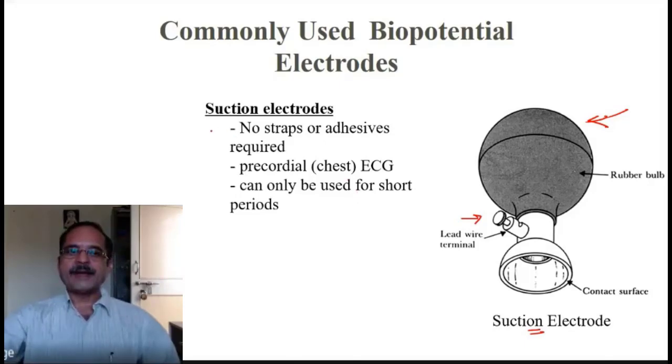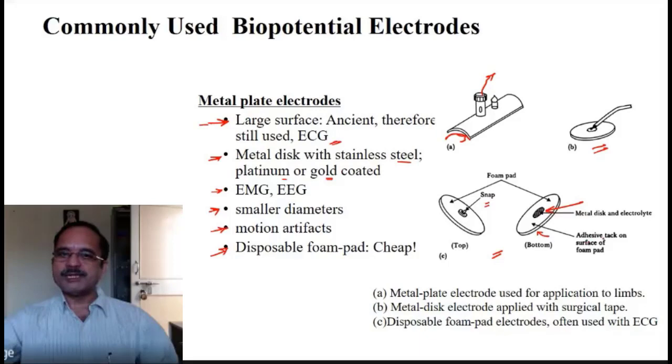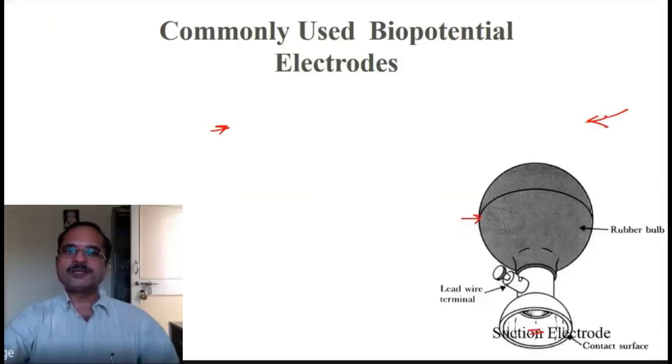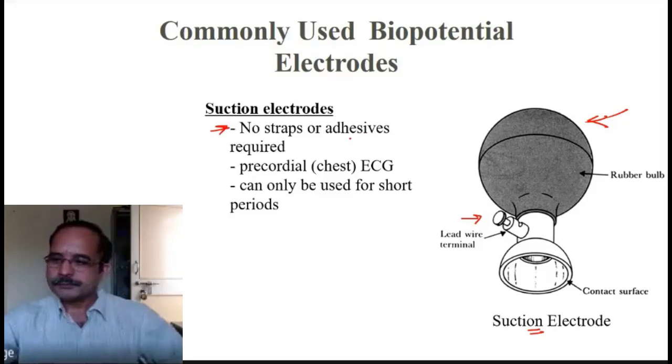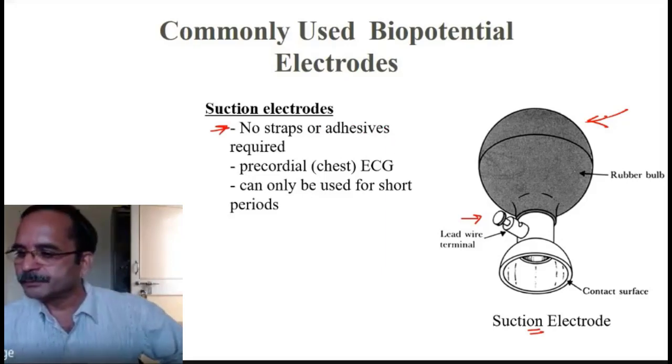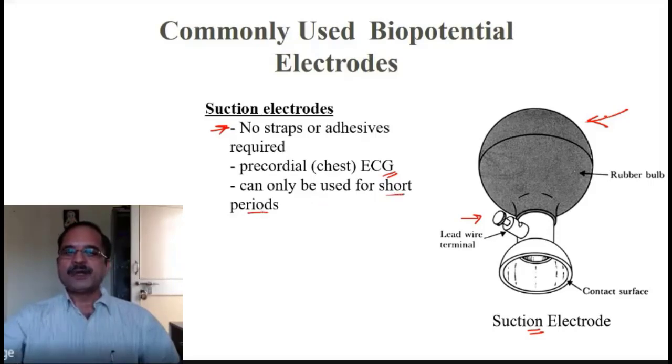There are no straps or adhesives. In the earlier types of electrodes, we have seen that adhesives are required to attach them to the skin. But in the case of suction electrodes, adhesives are not necessary, because it gets attached because of the vacuum. These are mostly used for measurement of ECG, that means applied on the chest, and can be used for only short periods.